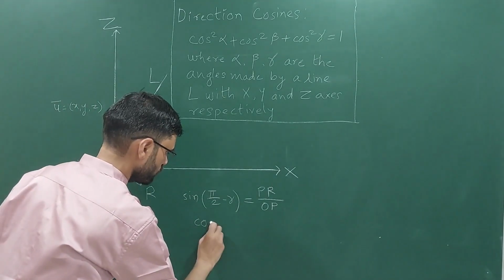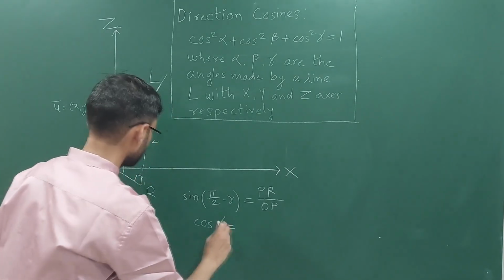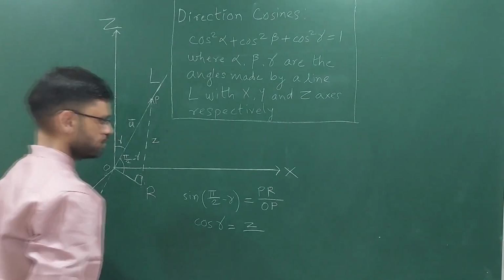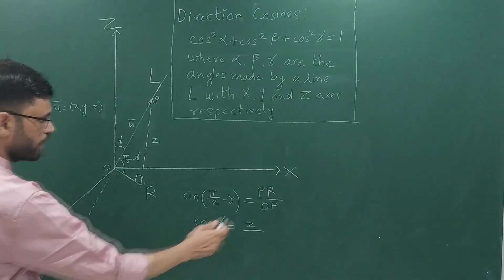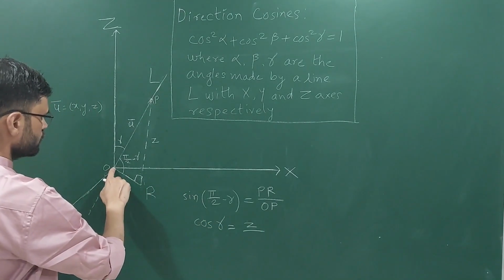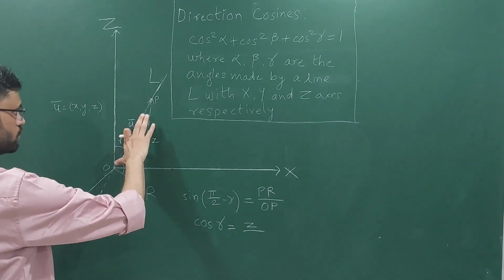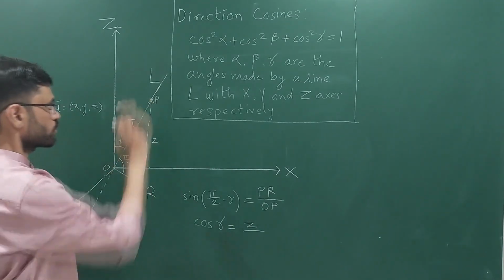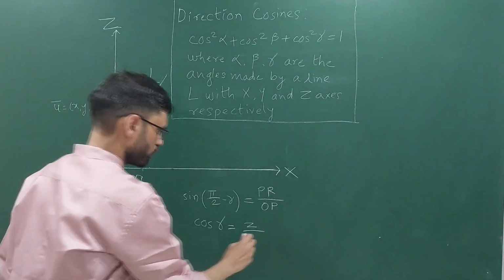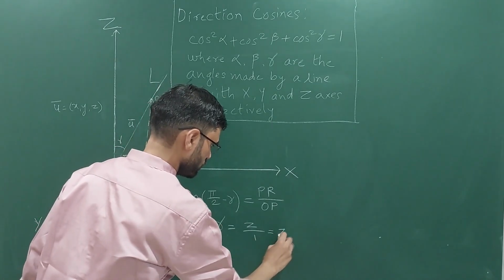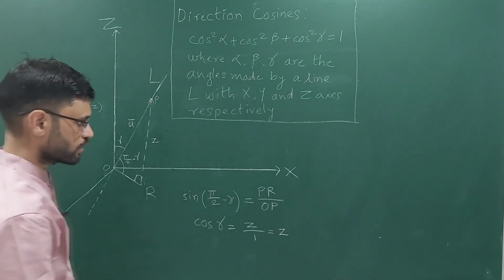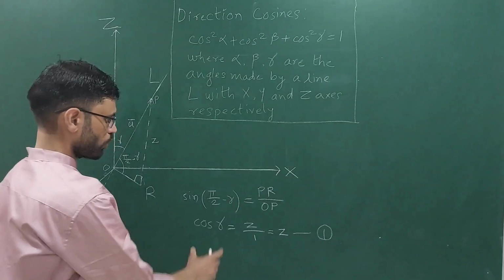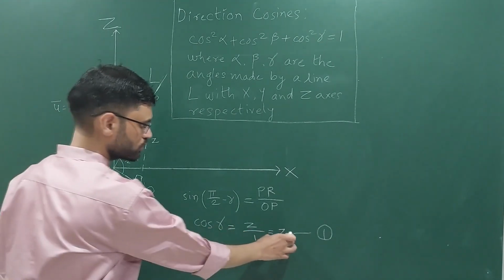So this is cos of gamma is equal to, now this PR is the z coordinate of vector u, and this OP is basically the length of vector u, but we have assumed that this is the unit vector lying along the line L, so therefore its magnitude is 1. So this is 1, which is z. Now we have come to this equation. Let's call this equation 1. What we have obtained is cos of gamma is equal to the z coordinate.